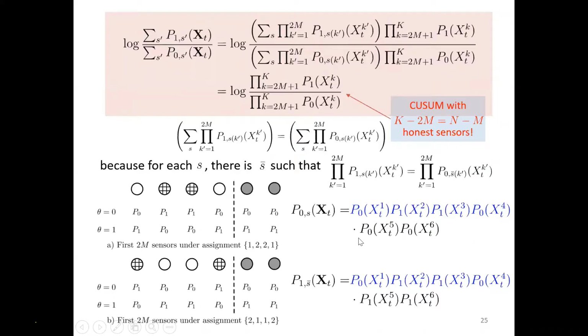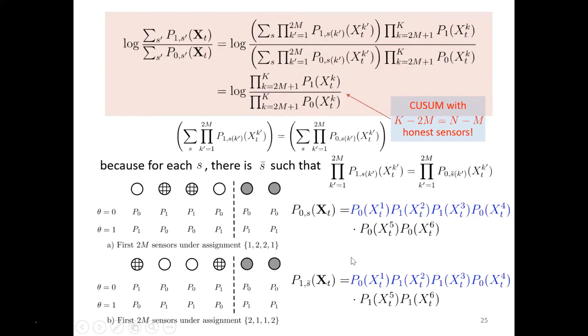This is based on the same example I just chose before. Let me quickly go over this. We can show that for each assignment S, there is a dual assignment S bar such that these two terms are the same. Here is one example. Here S is 1 2 2 1, and under theta equal to 0, we will have this distribution, and this blue part corresponds to this part.